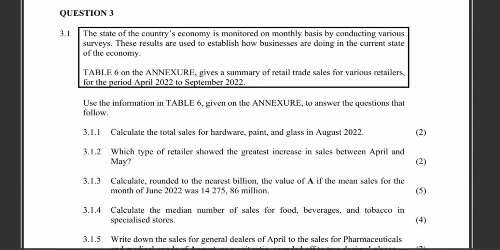Question number 3: the state of the country's economy is measured on a monthly basis by conducting various surveys. These results are used to establish how businesses are doing in the current state of the economy. Table 6 on annexure E gives a summary of retail trade sales for various retailers for the period April 2022 to September 2022. Use the information in table 6 given in annexure E to answer the questions that follow.